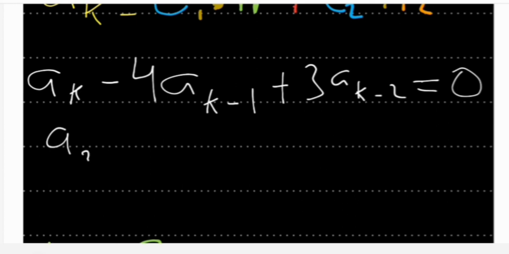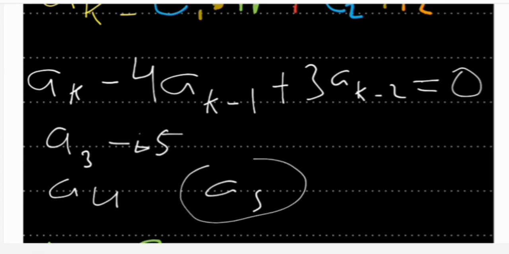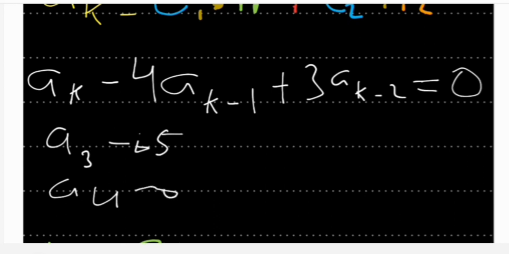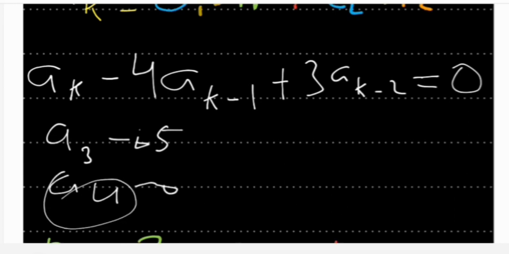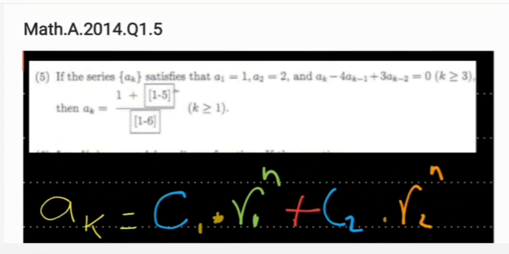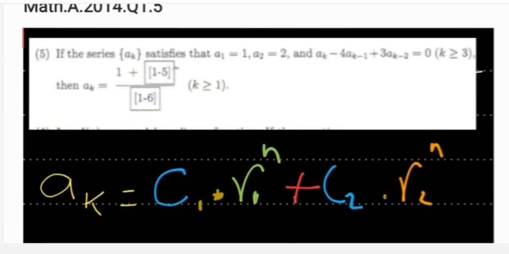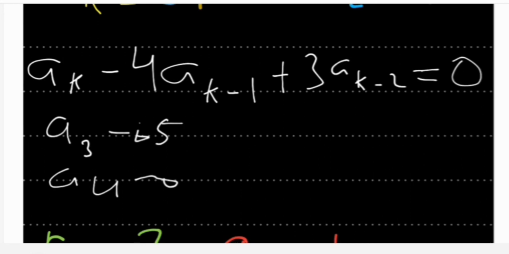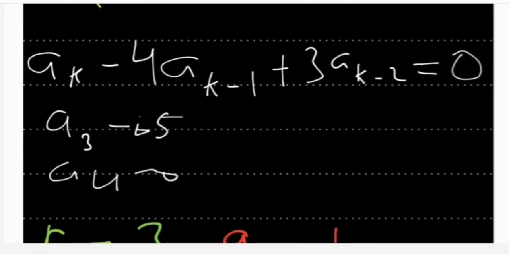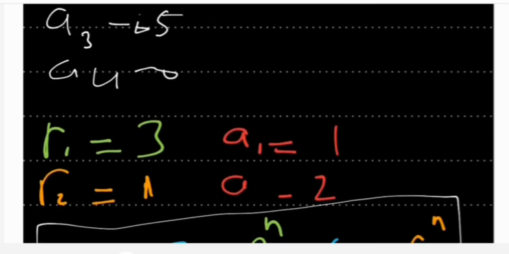Remember that we found that a3 was equal to 5. We can find a4 and a5 maybe, or just a4 will do it. And with a4 we can substitute. Let's do it with a4 and a3, just to make sure, because here he's telling us that k must be bigger or equal to 3.